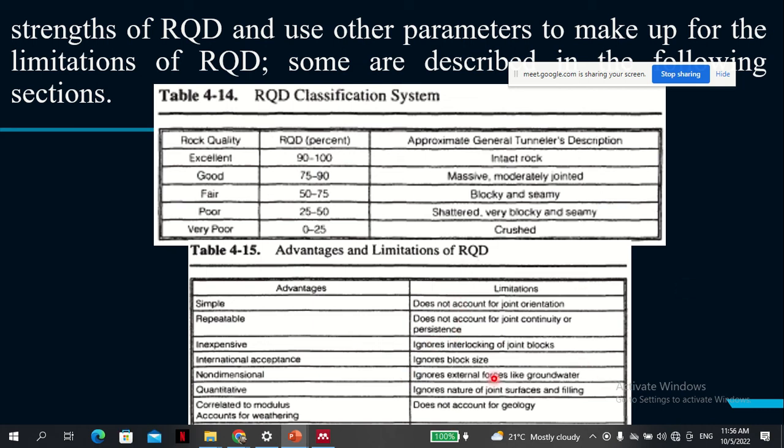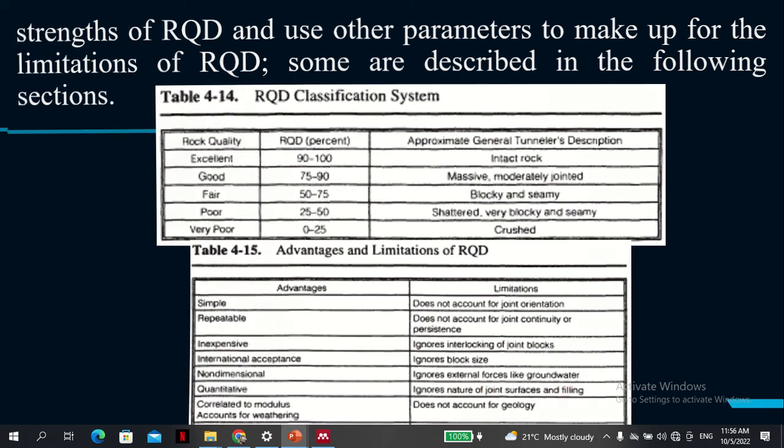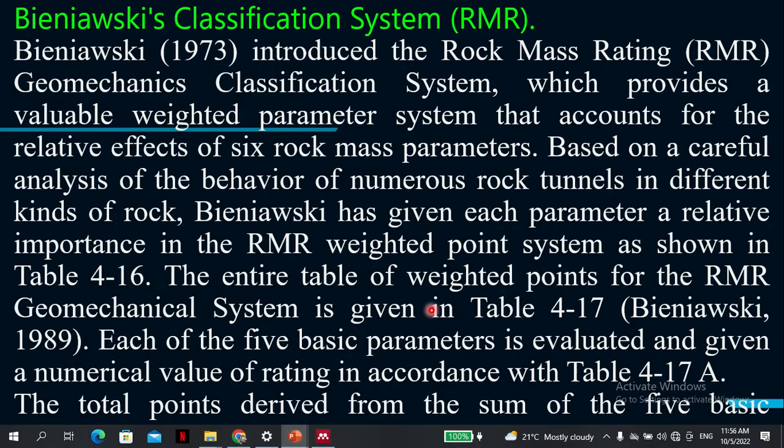It does not account for joint orientation, does not account for joint continuity or persistence, ignores interlocking of rock blocks, ignores block sizes, ignores external forces like groundwater, ignores the nature of joint surface and filling, and does not account for geology. So for this reason, Bieniawski came up with a classification.